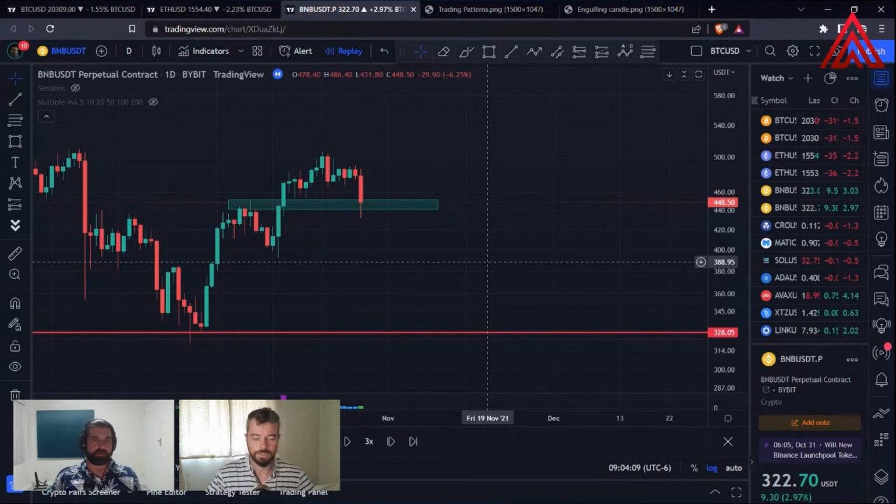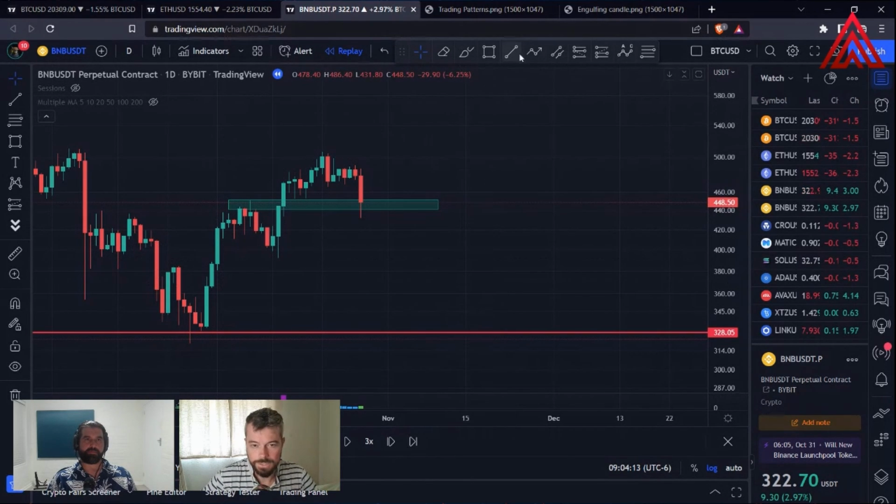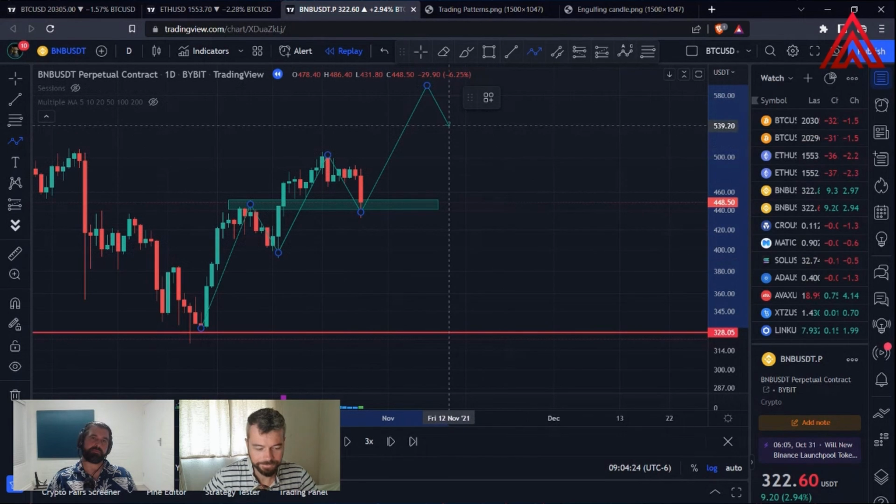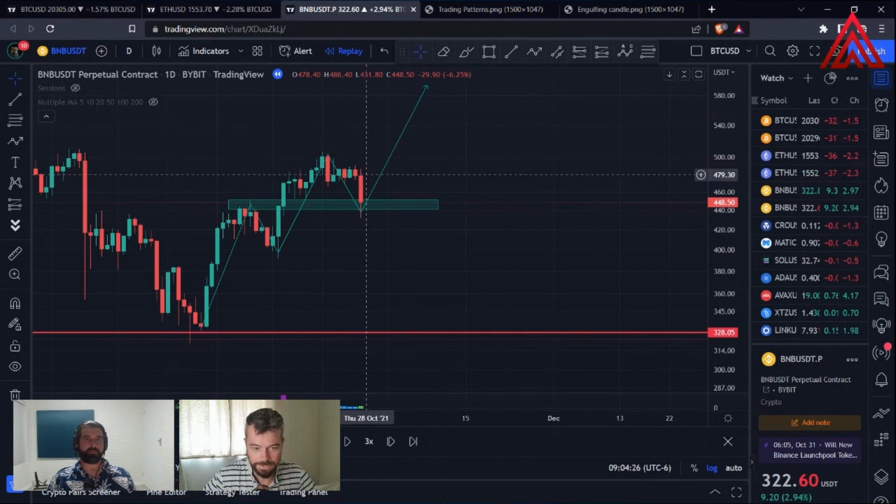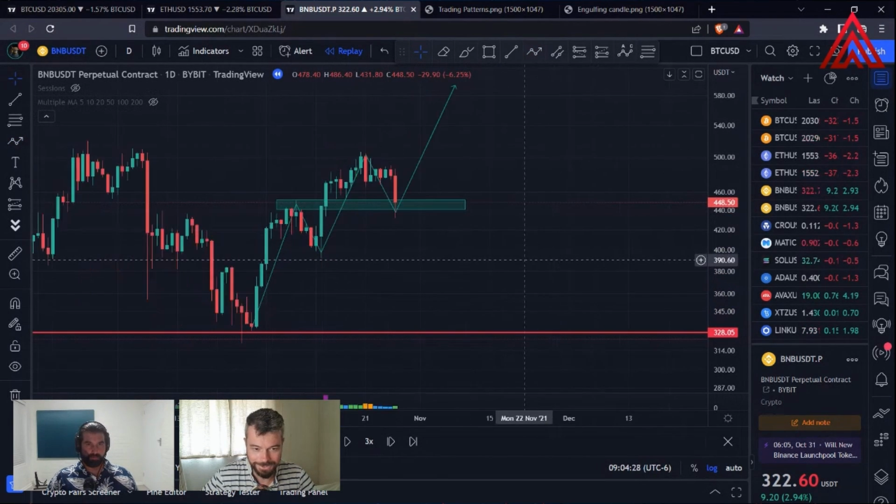Right. So here, if you remember the video of the trend continuation, there is a high chance for this to create something like this: pullback, impulsive move up, pullback, impulsive move up. Okay, that's our high probability here, if you remember the trend continuation video.